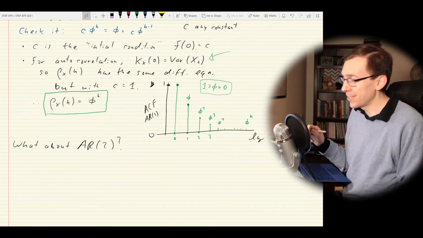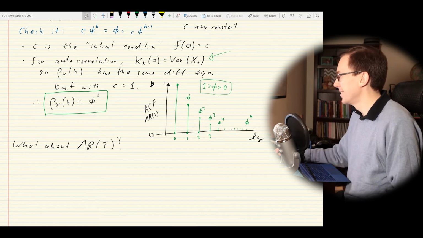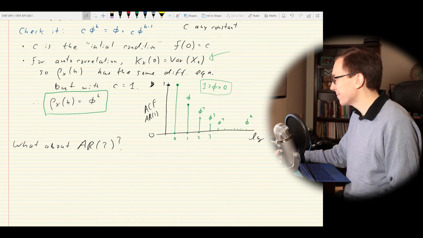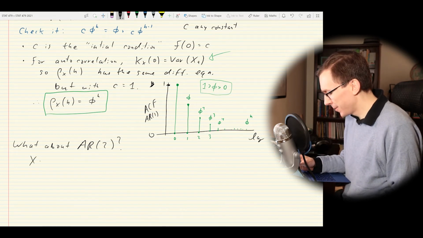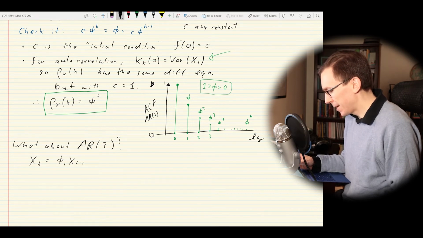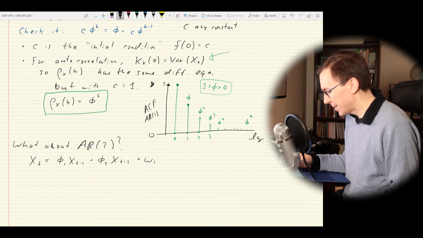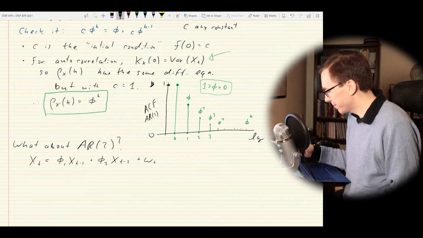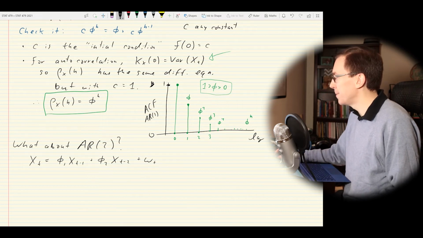We're definitely not going to do AR3 because it's just going to be a super headache. So for the AR2, we have the same setup, but now xt is going to be phi 1 xt minus 1 plus phi 2 xt minus 2 plus wt.